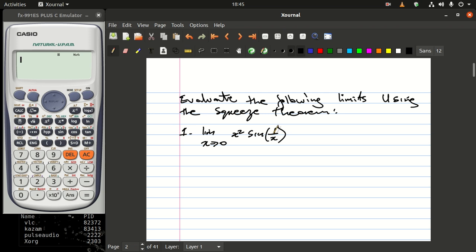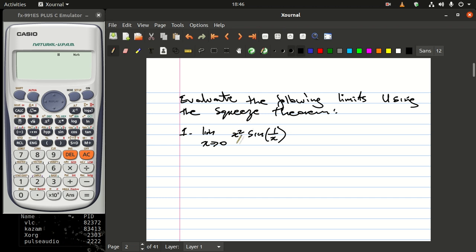And now I'm taking something undefined and plugging it inside the sine, so I don't know what is happening. I am not getting a 0 over 0. I am also not getting a number over 0. And I'm not getting just a number here either.